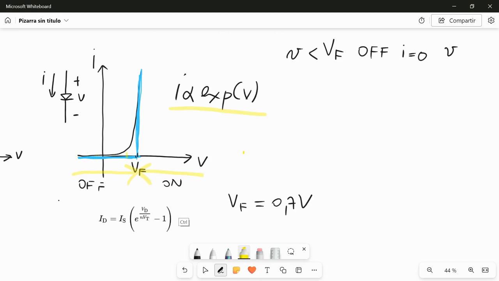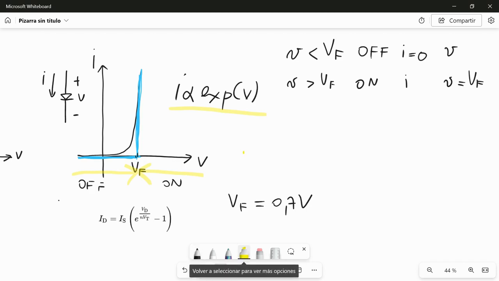If the applied voltage to the diode is greater than VF, the diode is on, V is equal to VF, and the current I can be anything. What does it mean? That we are basically on this line here. The V is fixed to this value, but the current can be any of these values on the line.